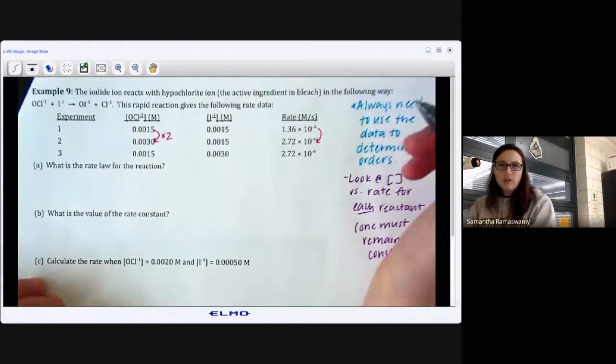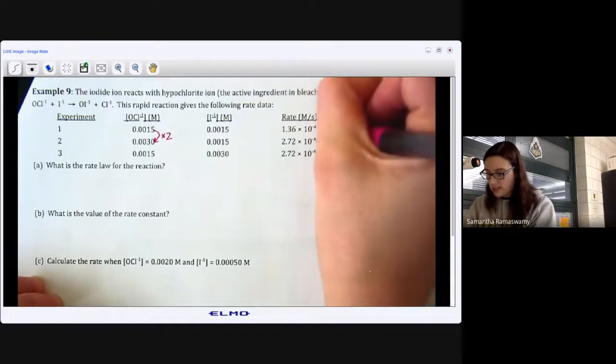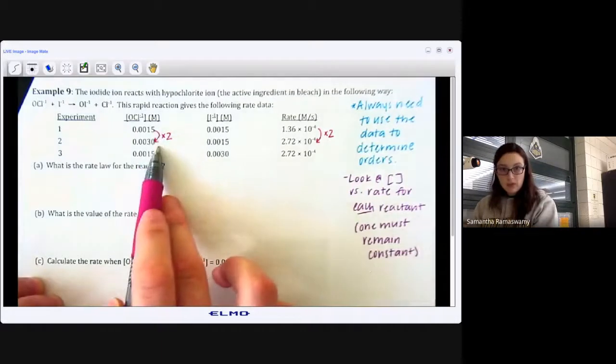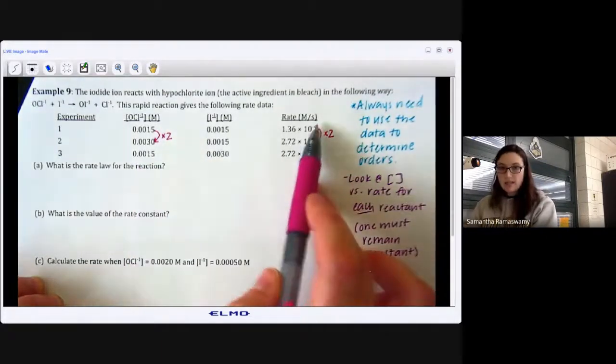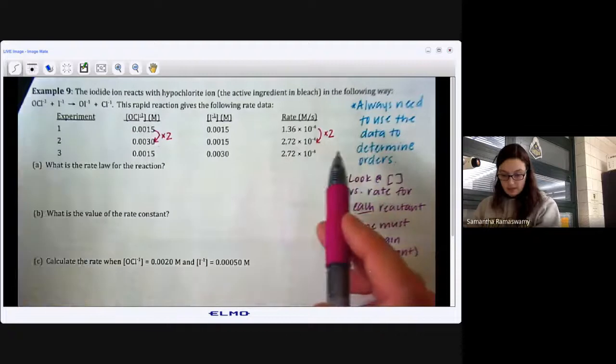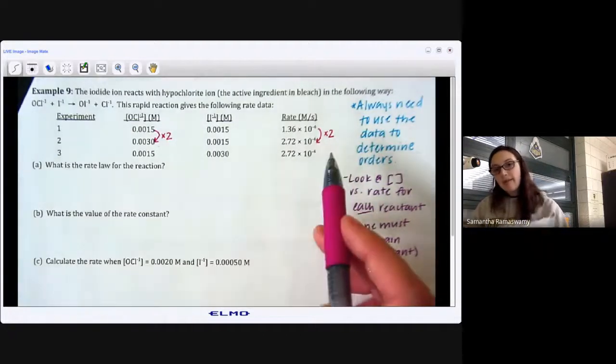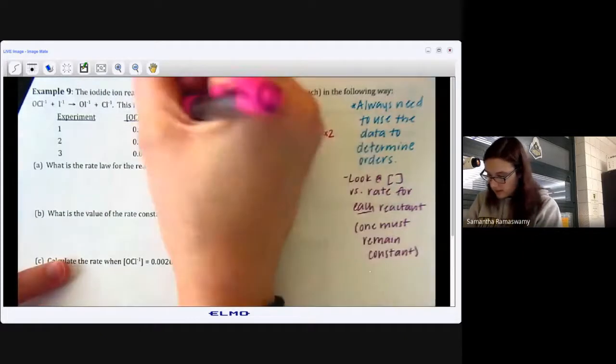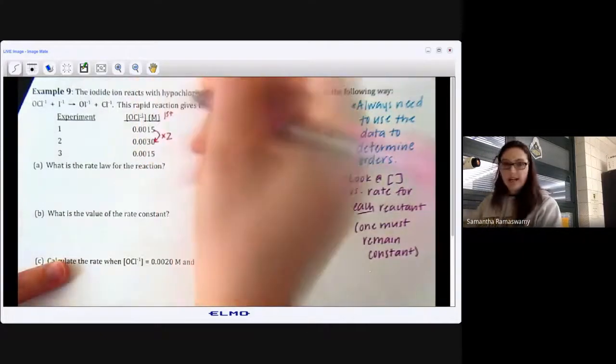Well, if you do 1.36 times 2, that's 2.72. So as OCl minus doubles, the rate also doubles. That means if it's exactly proportional, that OCl minus is first order.